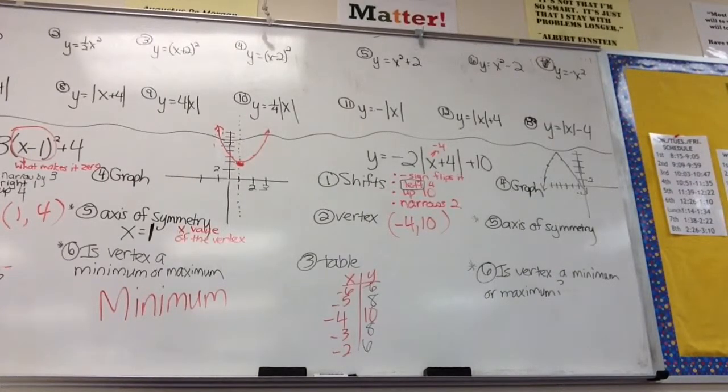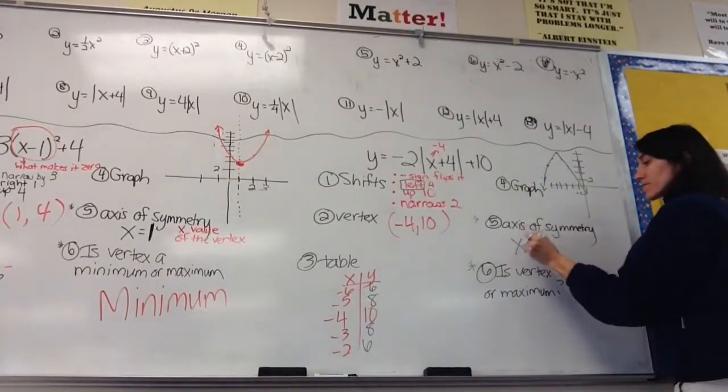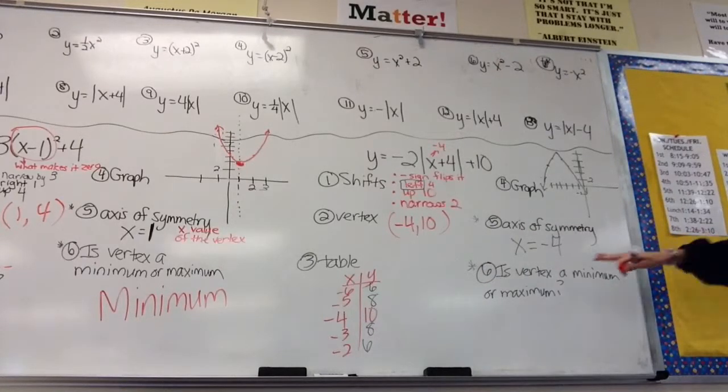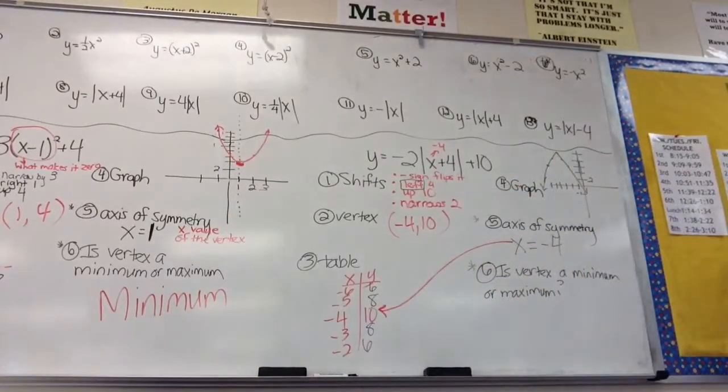What is the axis of symmetry then? Aspen? Negative 4. Okay, what is one way, Aaron, you could tell it's negative 4? Just look at the x value of the vertex. What is another way we could tell?